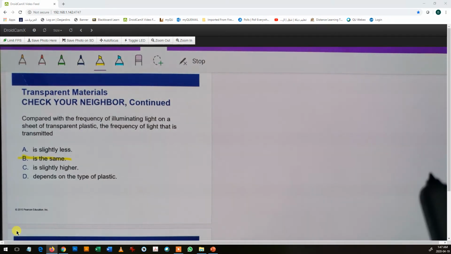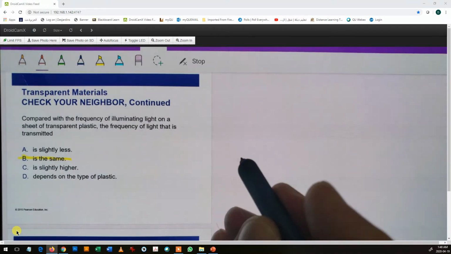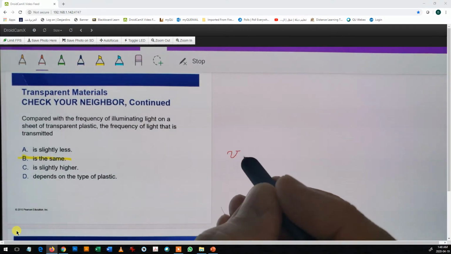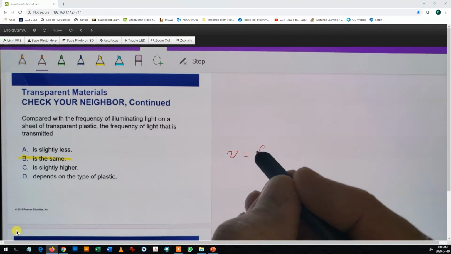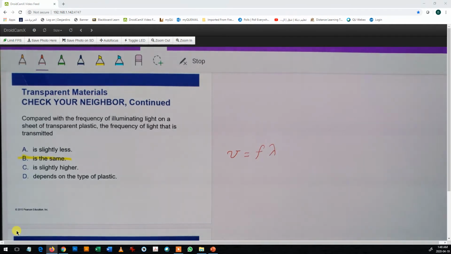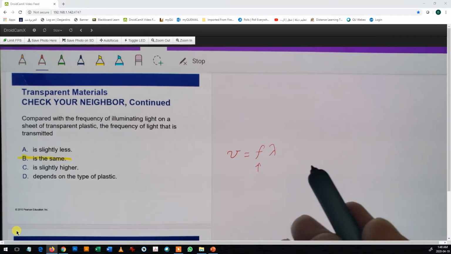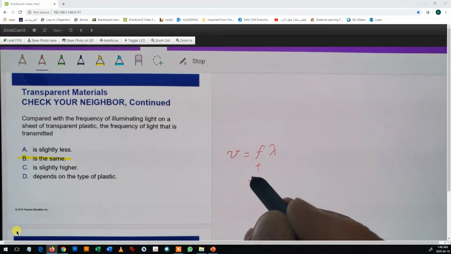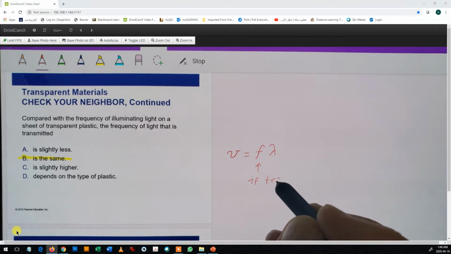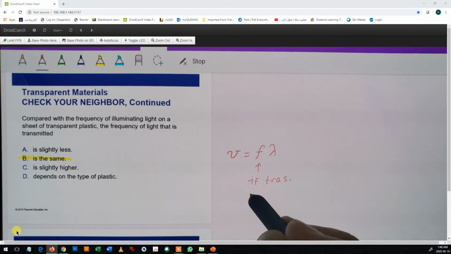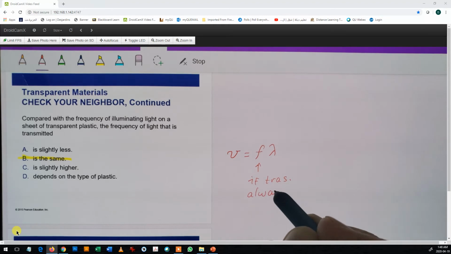Of course, we know the speed of light is equal to frequency multiplied by lambda. Frequency of light, if transparent, is always constant.